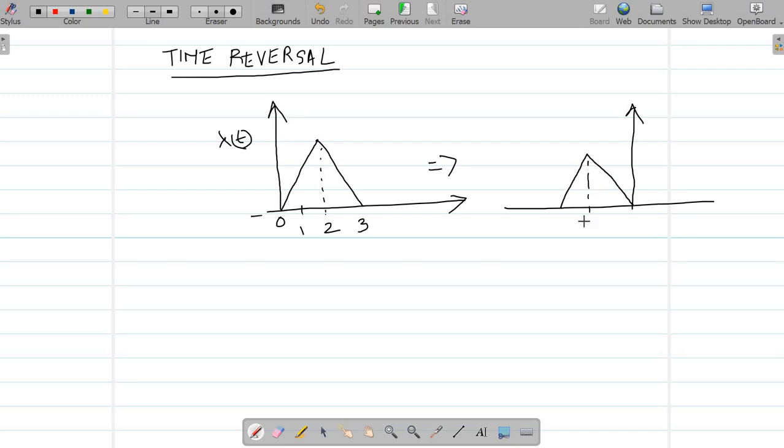This will be negative 2, this will be negative 3, here I will have negative 1 and 0. So we considered the y-axis as a mirror, and then we have reflected the entire wave shape on the mirror, and on the other side we got the mirror image as what we see here. This we call x of negative t. This is known as the time reversal operation.